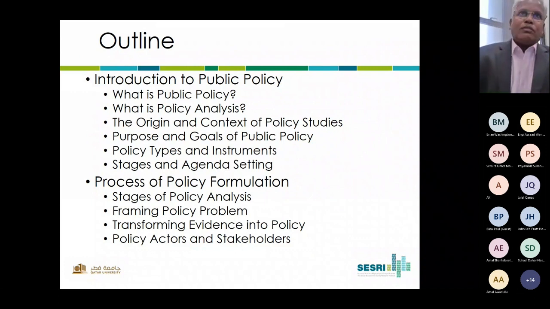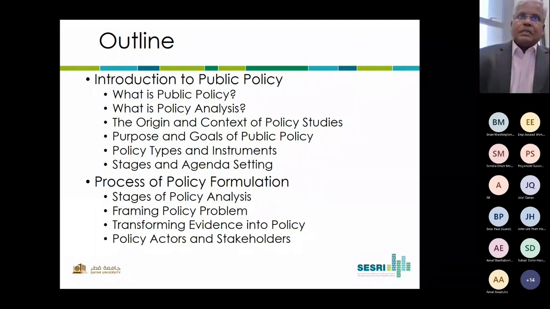The brief outline of this lecture: the first part is devoted to discussing the introduction to public policy. What is public policy and what is policy analysis, the origin and context of policy studies, the purpose and goals of public policy, policy types and instruments, and the stages of agenda setting and policy analysis.